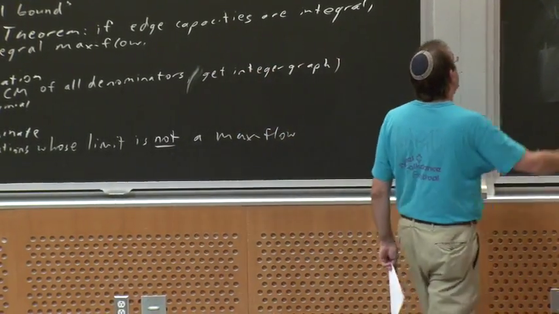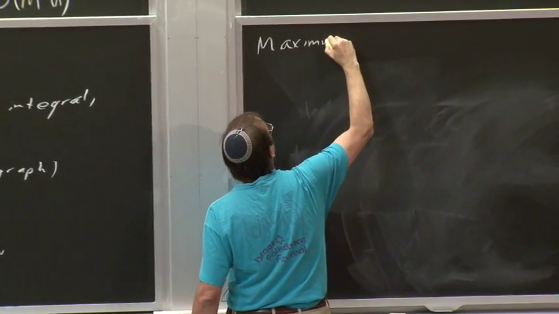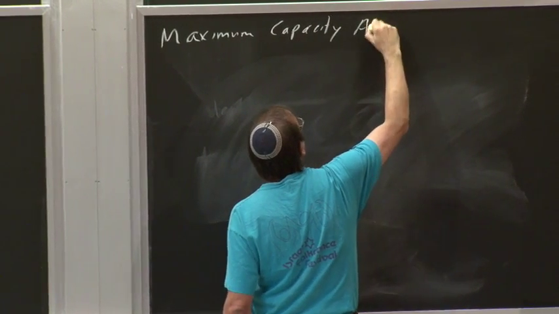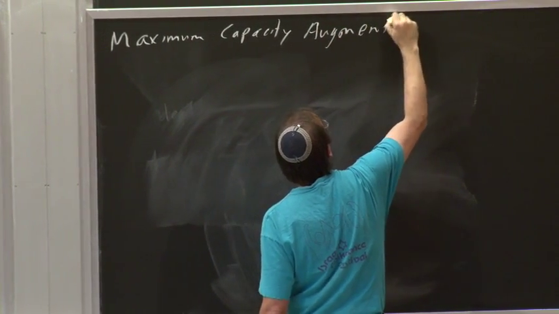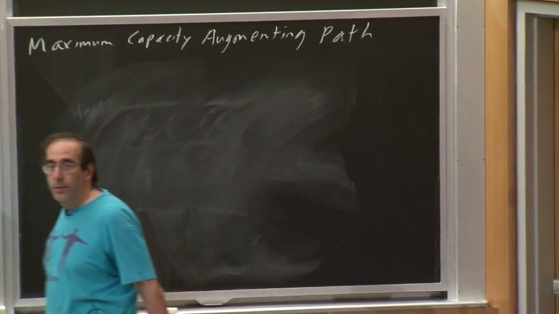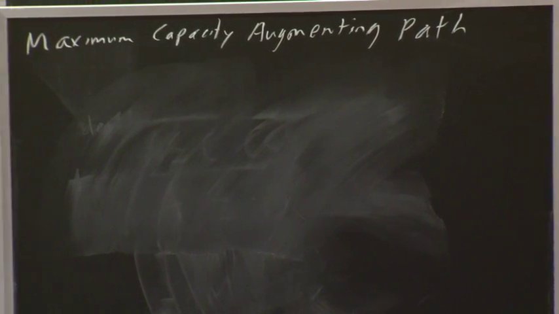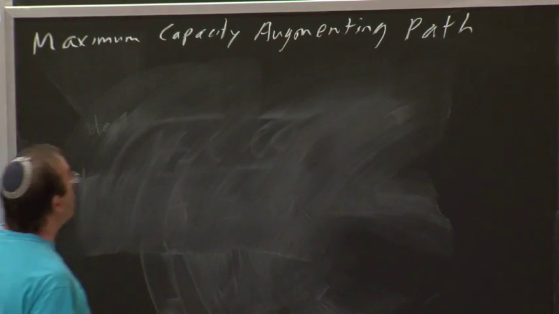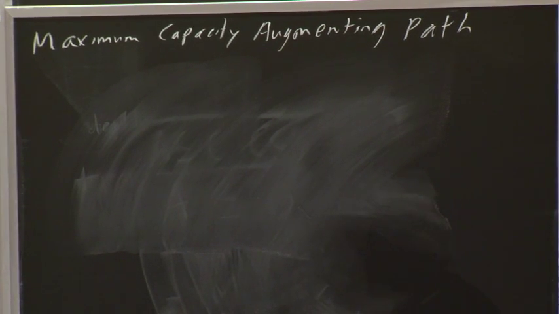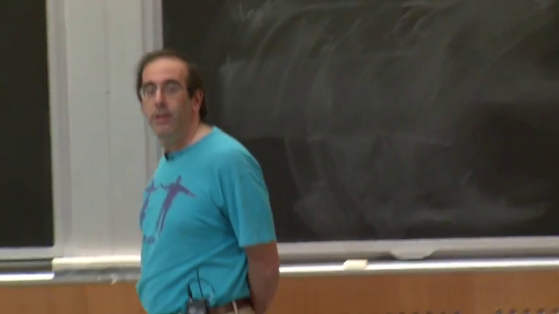Good. So this is the natural next step, which is to consider the maximum capacity augmenting path algorithm. Can we find a maximum capacity augmenting path? If we want to consider it, we'd better be able to find it.